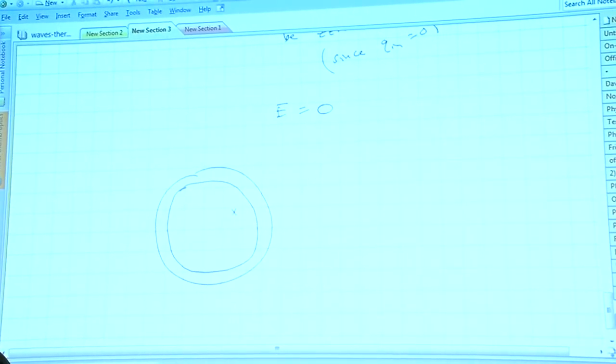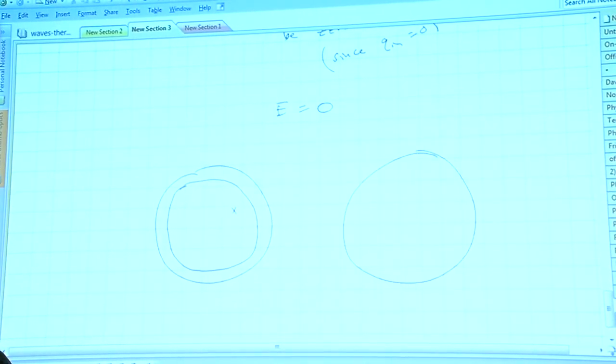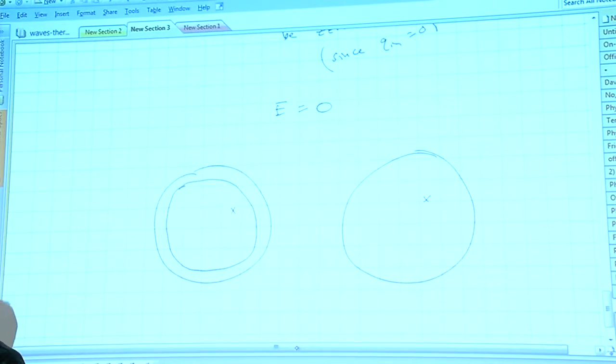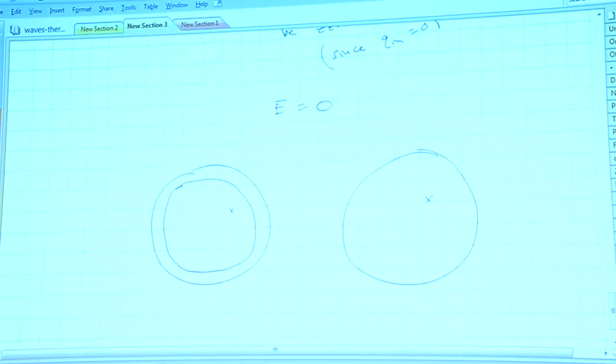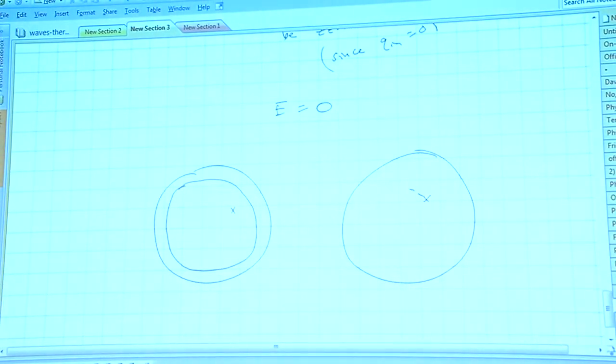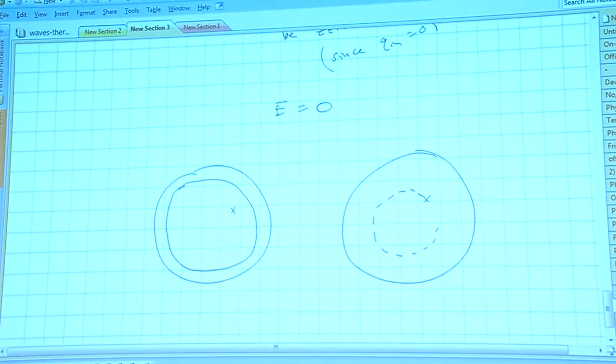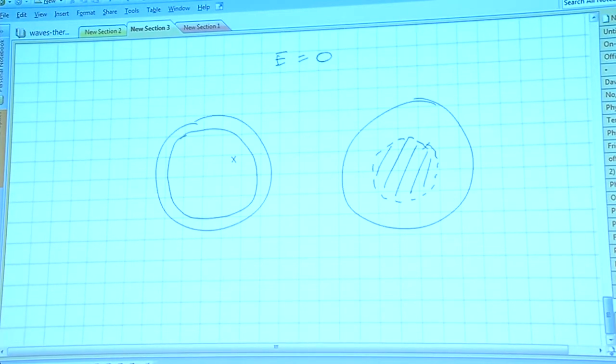Or a real planet, if you're inside the planet, you want to know what's the force of gravity on you. It's actually only the mass inside of your radius that contributes, right? This mass contributes. Everything outside your radius cancels out.